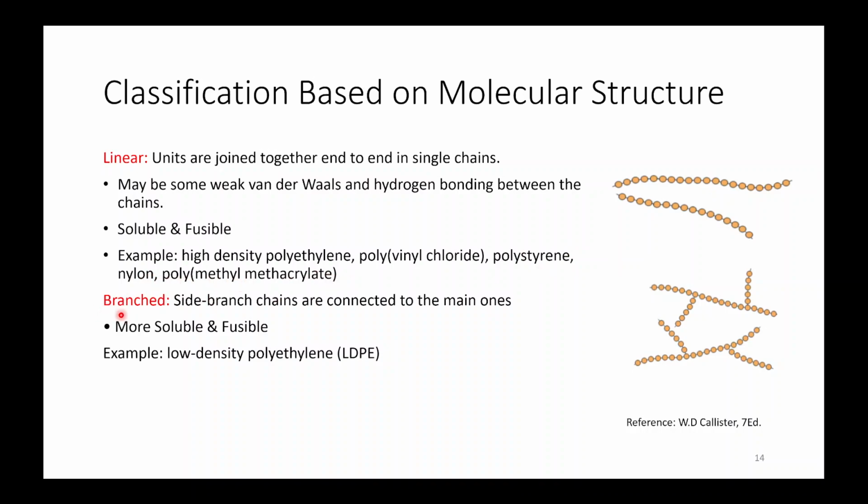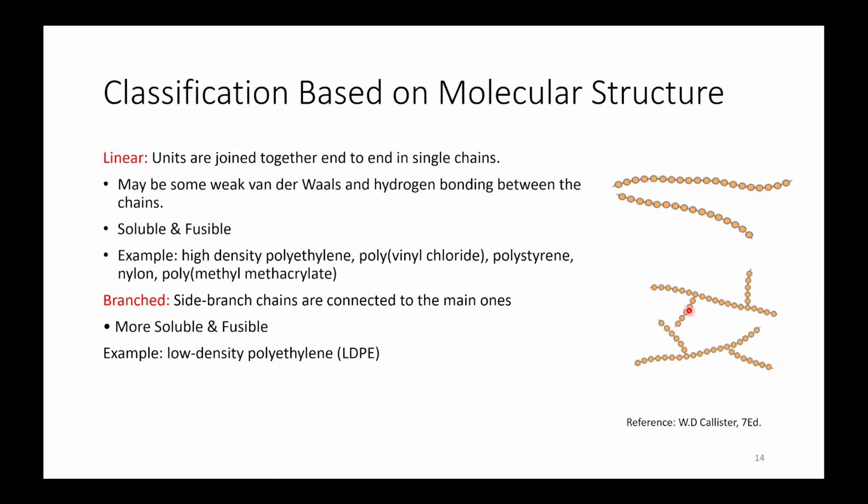Now second is branched. Here we'll have some branches in other directions than the primary chain. Side branch chains are connected to the main ones, and these are more soluble and fusible. An example is low density polyethylene.